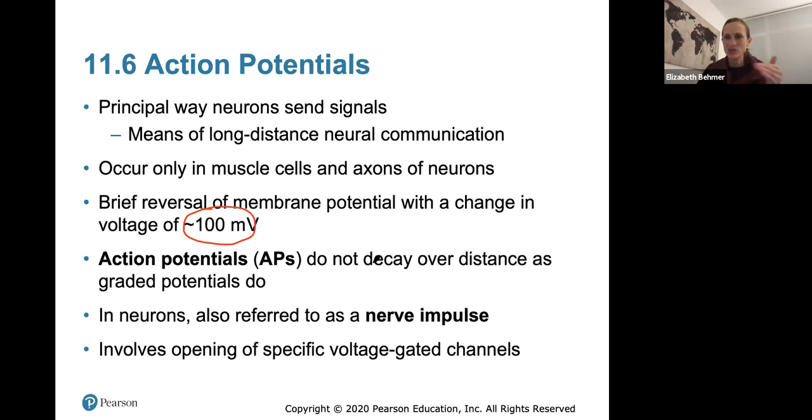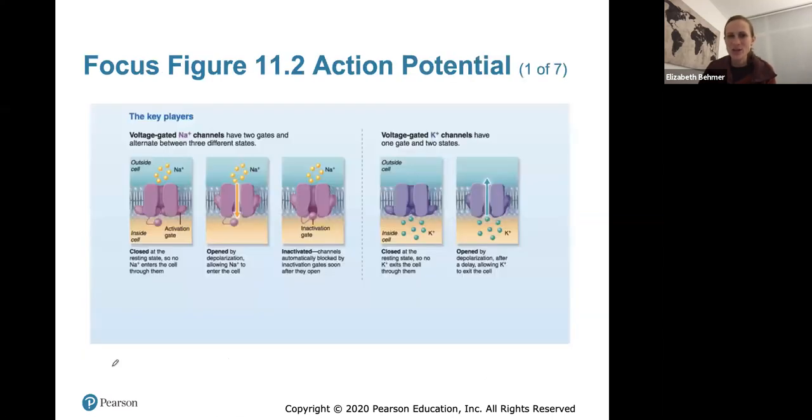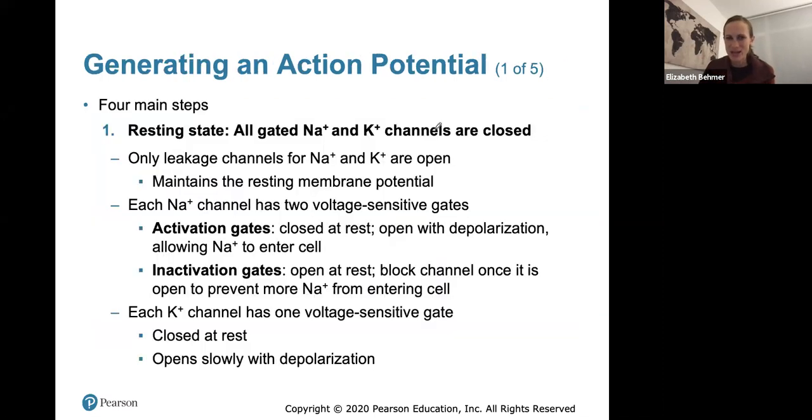Instead, action potentials travel down the length of the axon as it's sending its signal down. It involves the opening of specific voltage-gated channels. So here are the key players in an action potential. We have sodium voltage-gated channels, and we have potassium voltage-gated channels, which will have an open or a closed state depending on what part of the action potential we're in. So there are 4 main steps to generating an action potential.